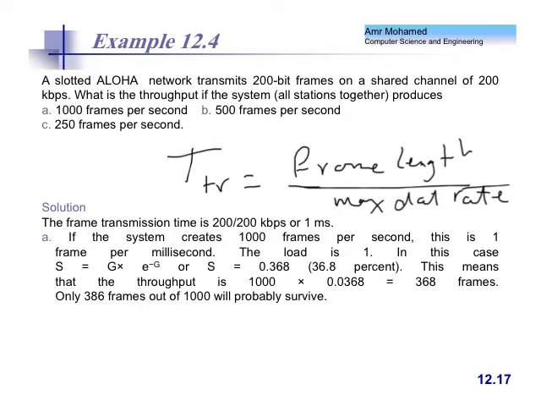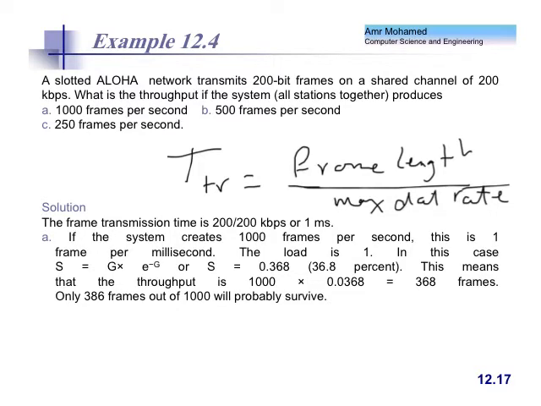But this means that 36.8% of the frames will be sent successfully. So if I have 1,000 frames, out of 1,000 frames, 368 frames will be accommodated and go through successfully.